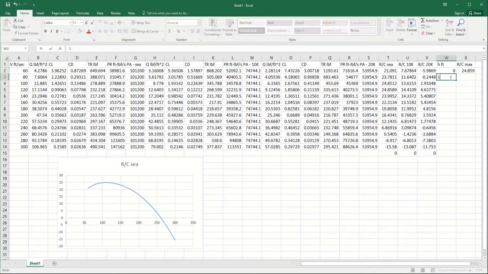And then at 10,000 feet, what's our max there? Go down the column, 14.4 looks like. And then at 20,000 feet, maximum rate of climb is about 5.434.